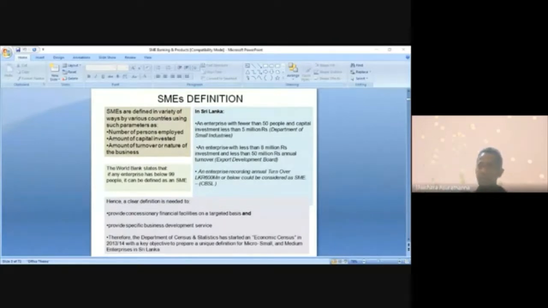They might say below 200 million, below 500 million. In the recent past, even the moratorium facilities also defined SMEs based on turnover, and turnovers of 1 billion and below were identified as SMEs to qualify for the moratorium.